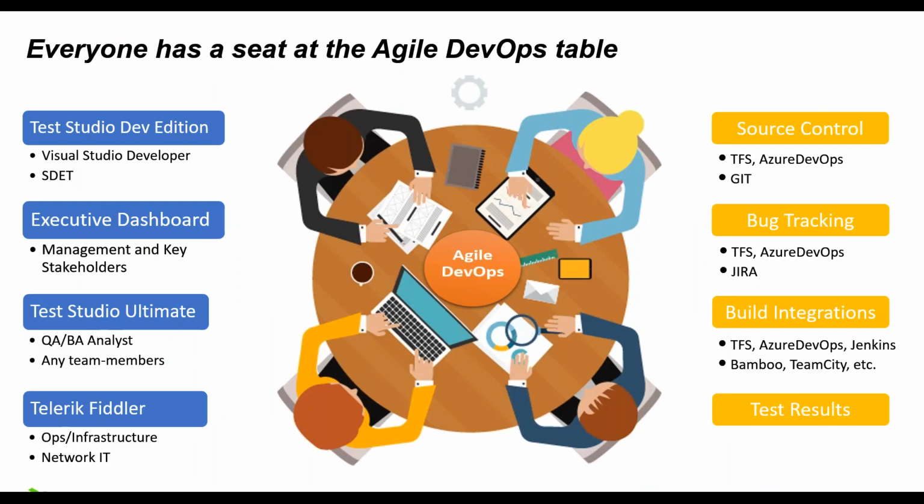This is my favorite slide, by the way, from the entire stack. In reality, we're really trying to, and doing, of course, bringing together everyone on the Agile DevOps table. So this happens first via the different editions of Test Studio that we offer, which I mentioned at the beginning.